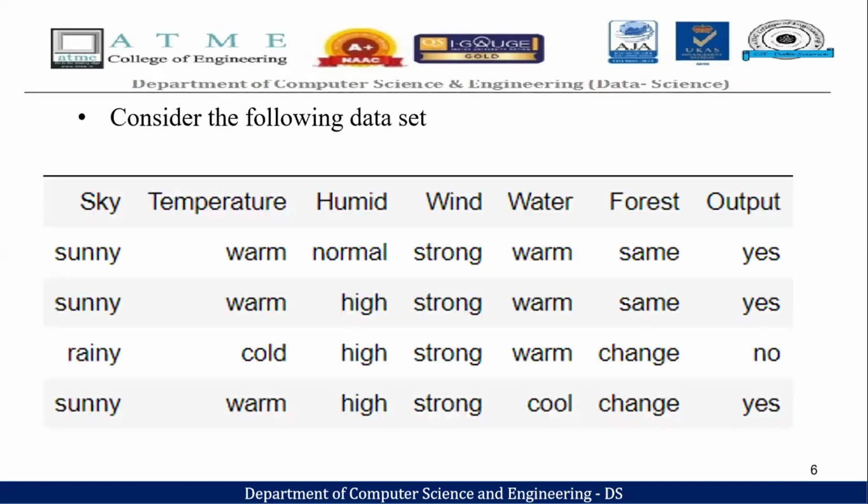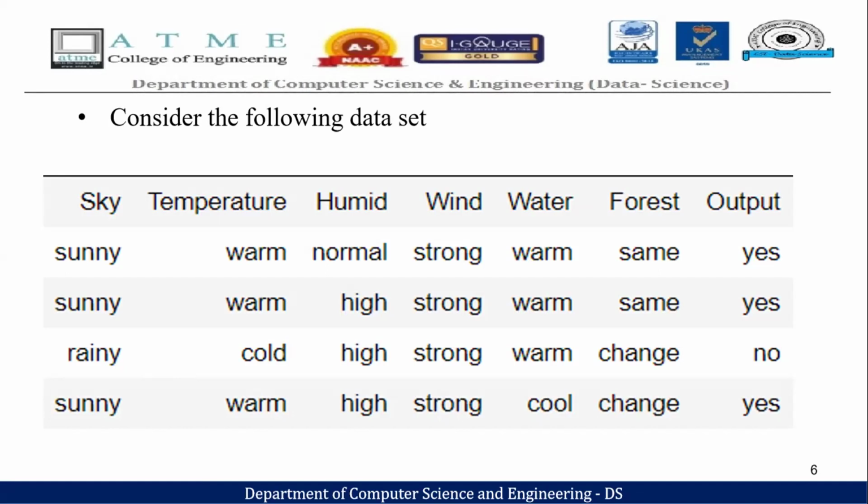And we will consider this example and we'll see how to make the specific hypothesis into general and the general hypothesis into specific. See, this is a data set which consists of 6 attributes, that is sky, temperature, humid, wind, water, and forecast. And the output is again yes or no. That is the binary output.